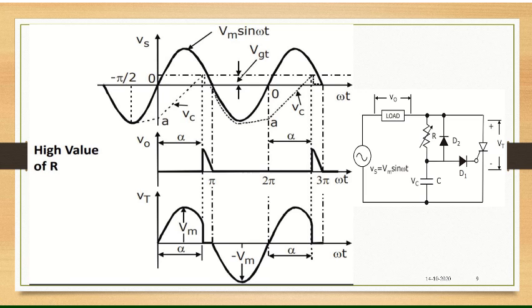Now this is the condition when R is very high. Observe here the time taken for the SCR to turn on. It depends on this alpha.